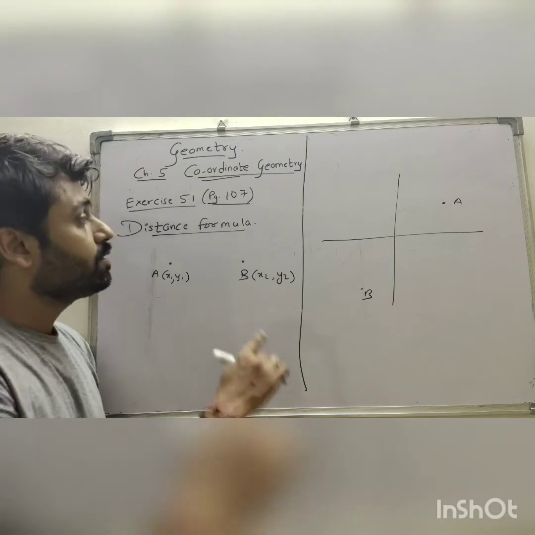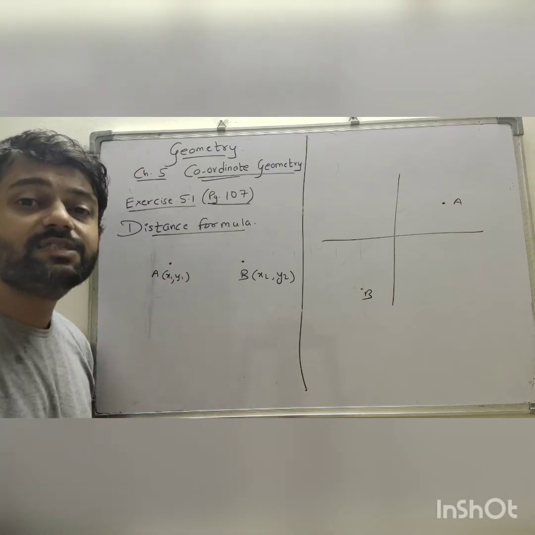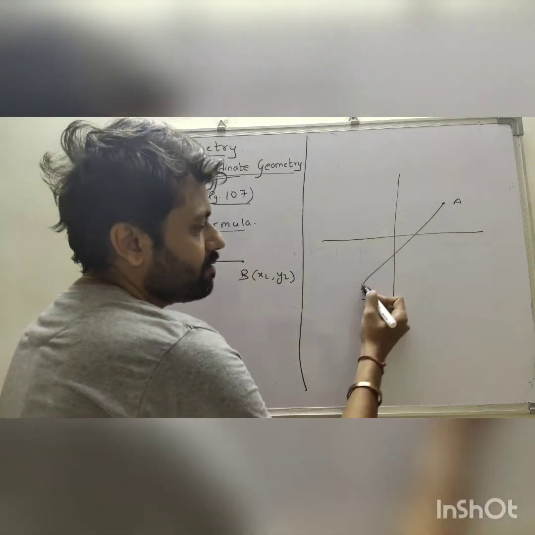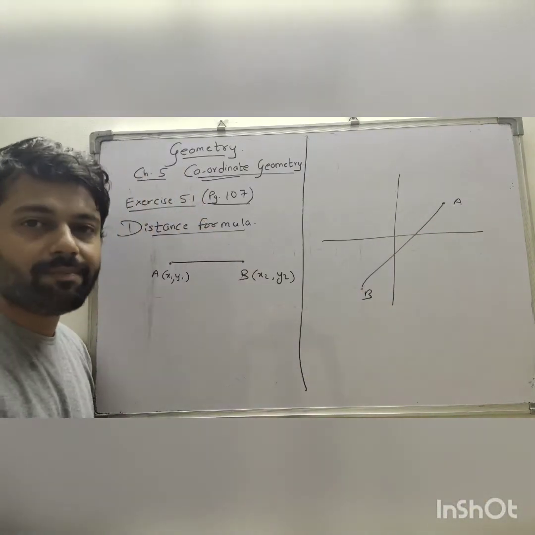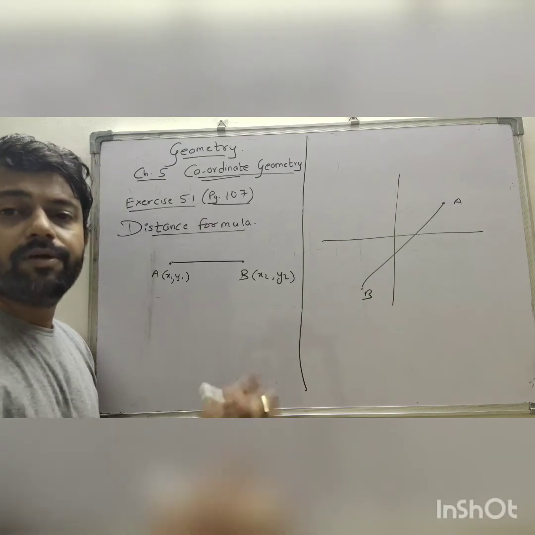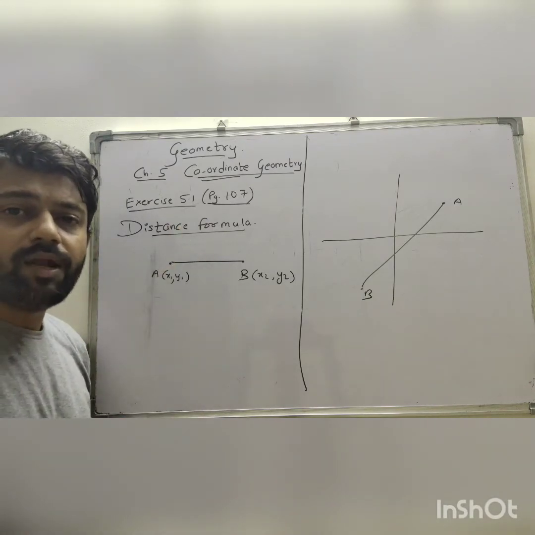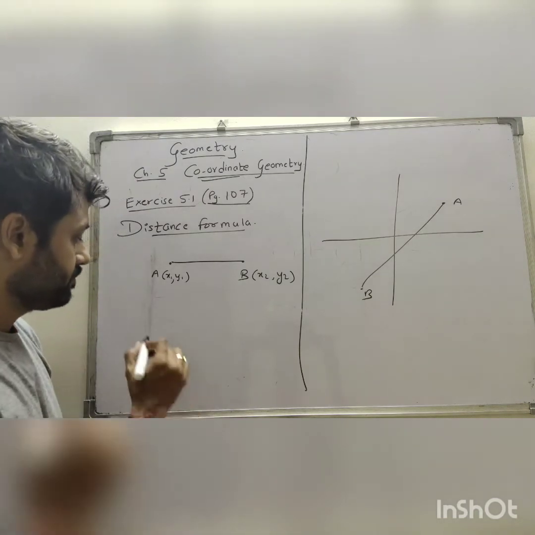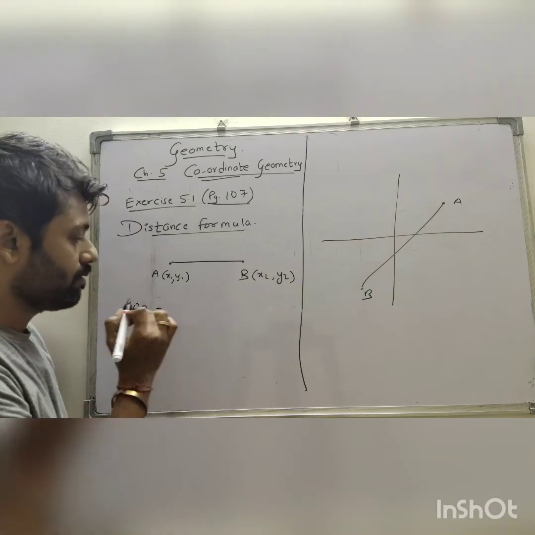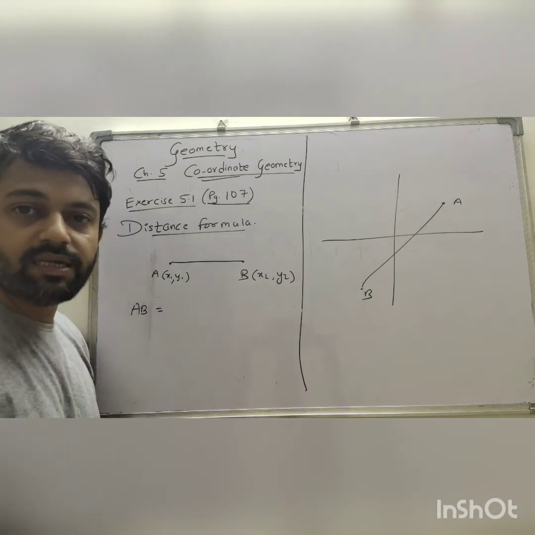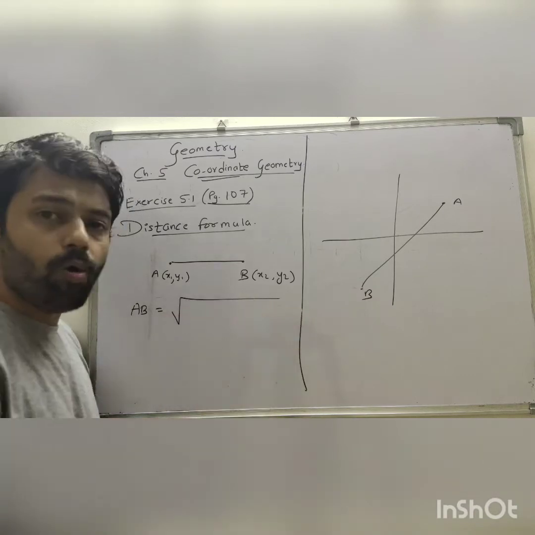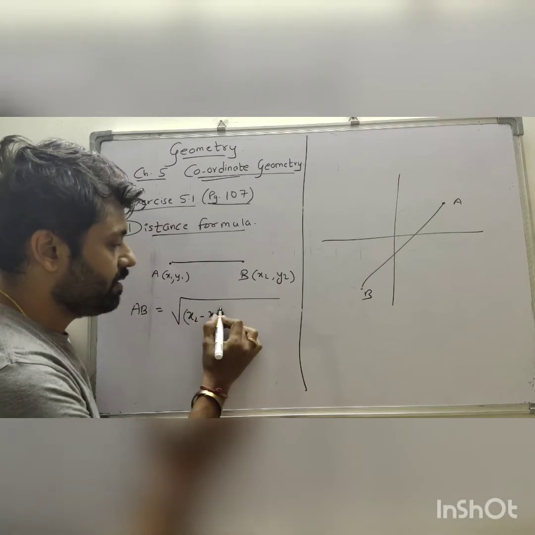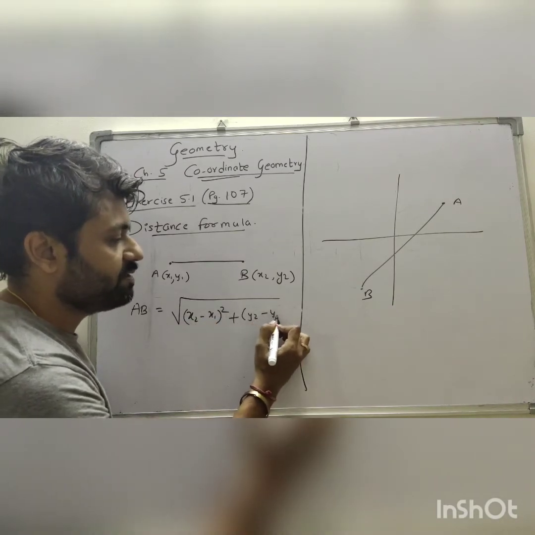This formula helps us to find the distance between these 2 points A and B. The formula is equal to the whole root of x2 minus x1 the whole square plus y2 minus y1 the whole square.